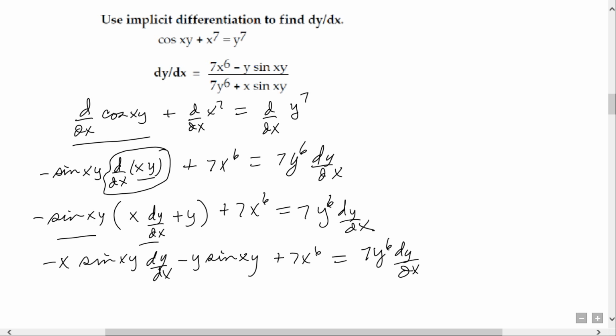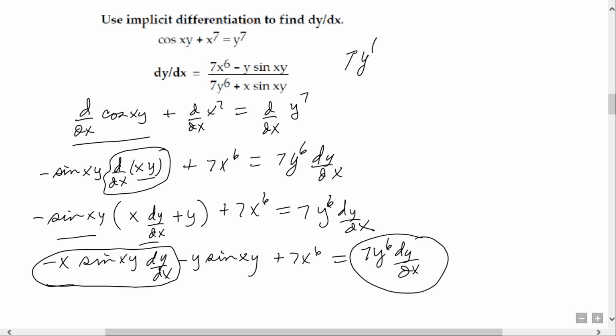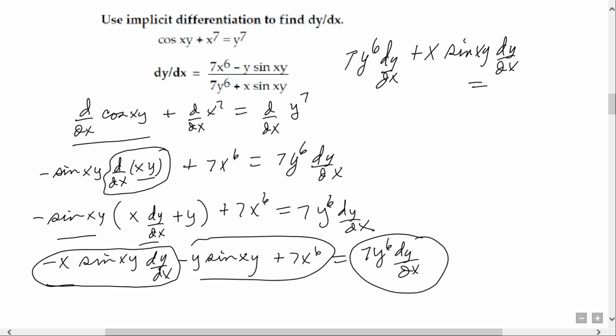And I'm going to move this part with dy dx over to this side, and notice I will get, after factoring, 7y to the 6 dy dx plus x sine of xy dy dx equals 7x to the 6 minus y sine of xy.